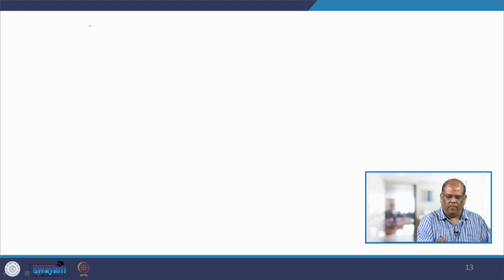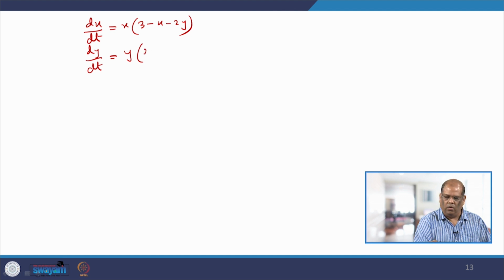So, this time let us take other equilibrium points, other than the origin. dx/dt is equal to x(3 minus x minus 2y) and dy/dt is equal to y(2 minus x minus y).